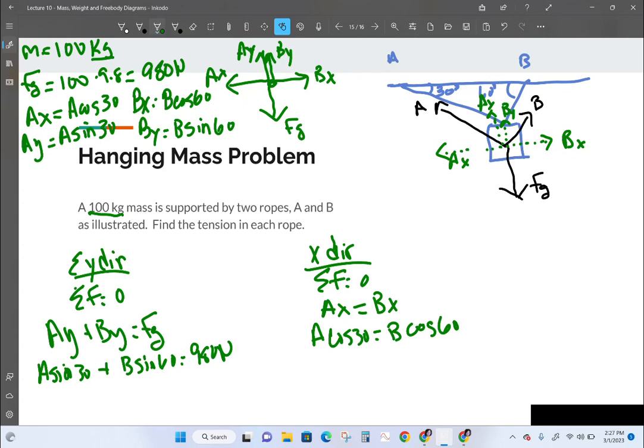So let me just solve for one of those. A equals B cosine of 60 all over cosine of 30. So what I'm going to do is on the next page, I'm going to rewrite this statement, and then I'm going to substitute in this value.